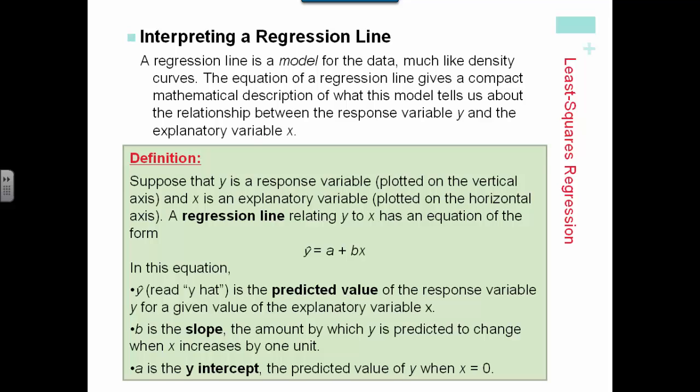Therefore, a regression line, because it's a predicted value, is given as y hat, which is the predicted value of the response variable for a given value of the explanatory variable x. b stands for the slope, which is the amount by which y is predicted to change when x increases by 1 unit, and a is the y-intercept, the predicted value of y when x is equal to 0. So our equation is y hat equals a plus bx.